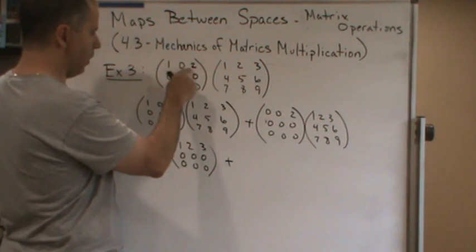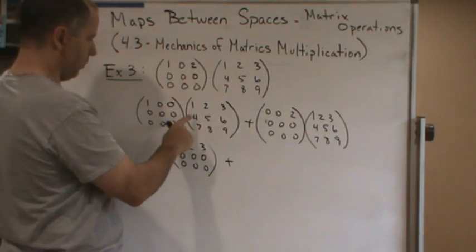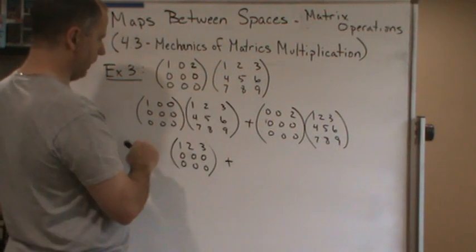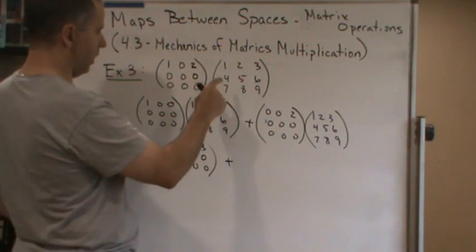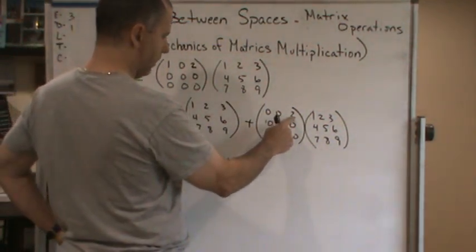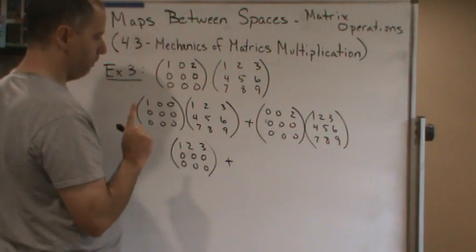So they're in the same row. This is going to repeat 1, 2, 3. This is also in the first row.